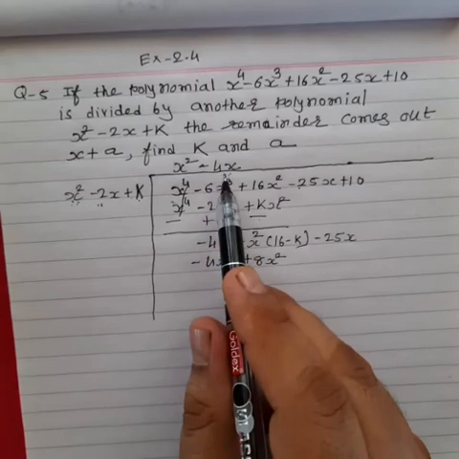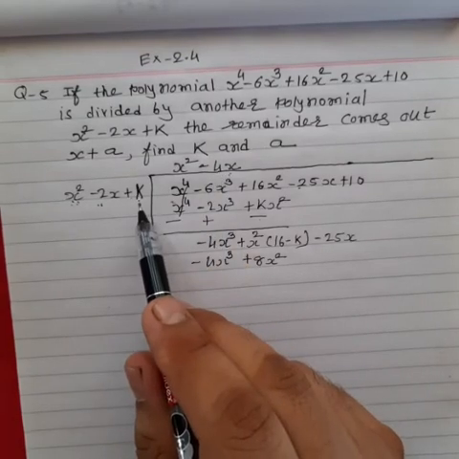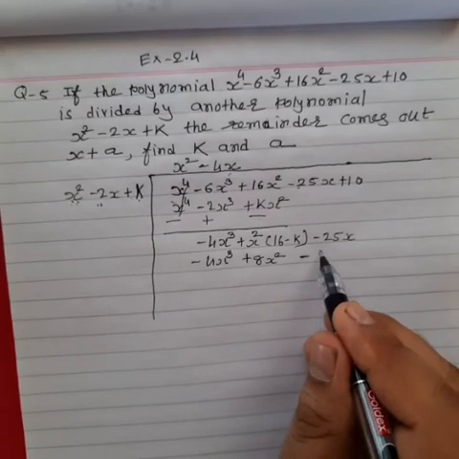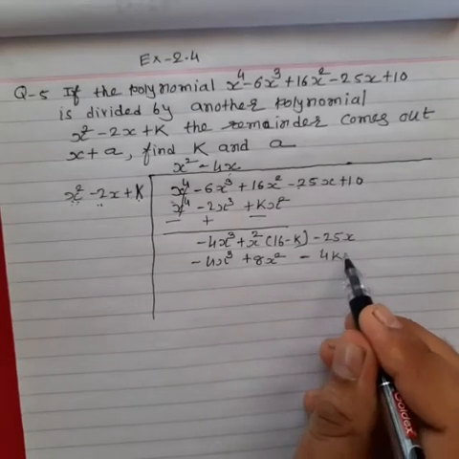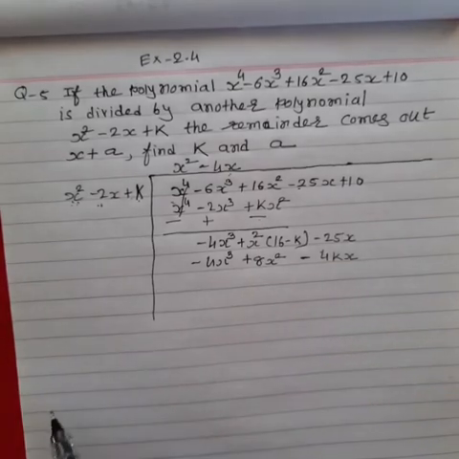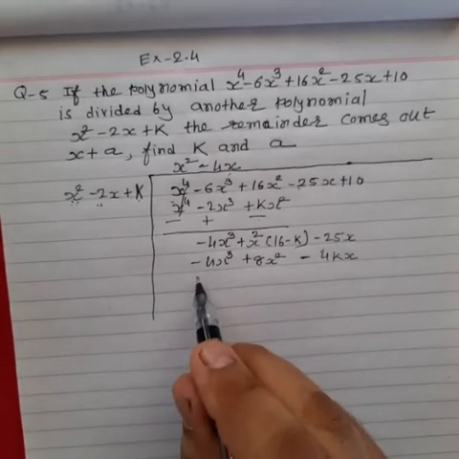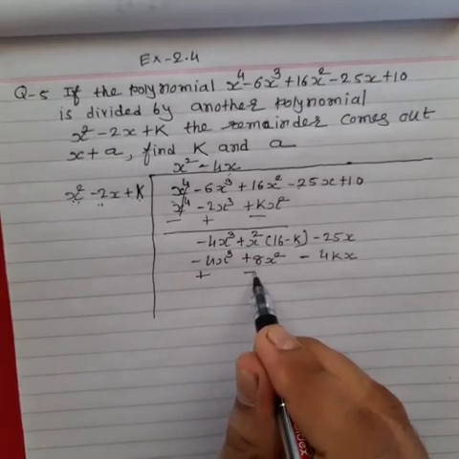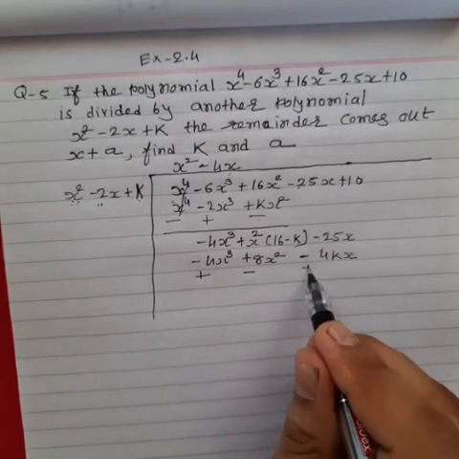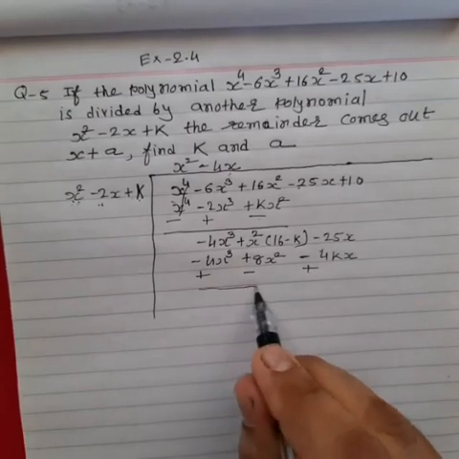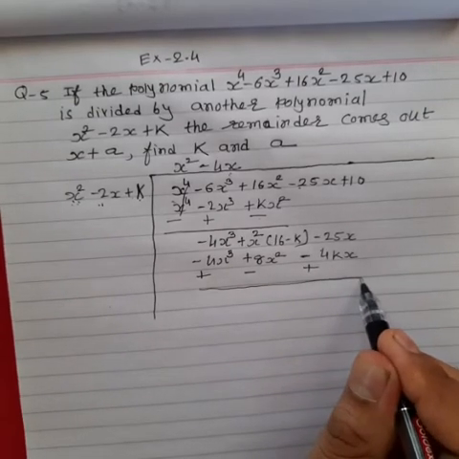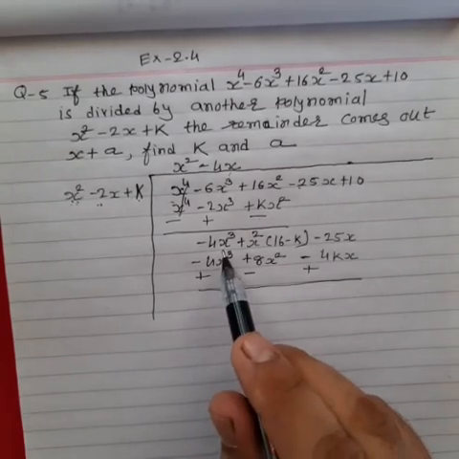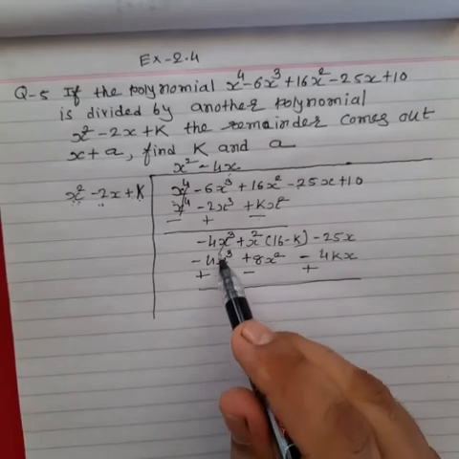And minus 4x into k will be minus 4kx. Again change the sign: plus, minus, plus. Be very careful here while you simplify. Minus 4x cube plus 4x cube cancel.